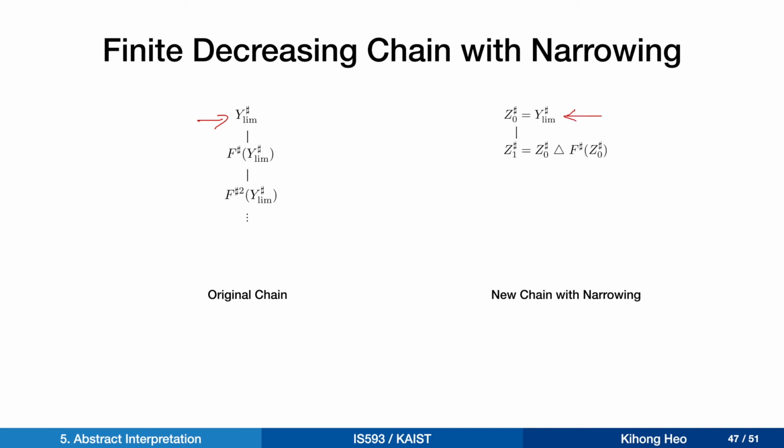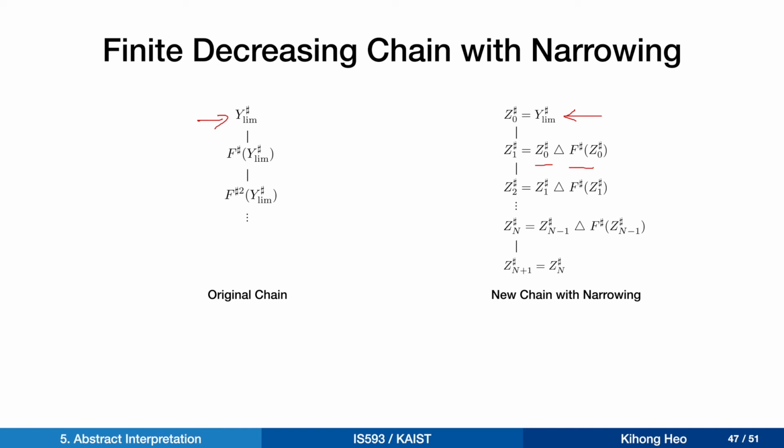And then the next element is defined as a narrowing of C0 and f of C0. And the next element is also defined in the same way. After a finite number of iterations, it will stabilize, and then it will just stop there. That is how narrowing works here.